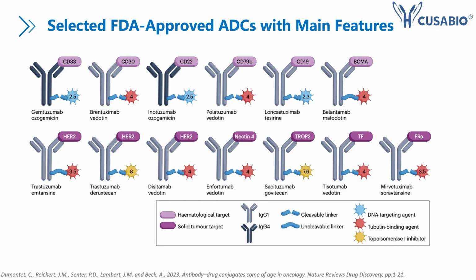So 2 features about this T-DXd ADC. The first is the DAR. See, the DAR value here is 8. It means that each antibody is carrying 8 payloads. And also the payload is a pretty novel payload. It's called DXd. DXd is a pretty strong payload, and I think the bystander effect for this payload is pretty good.